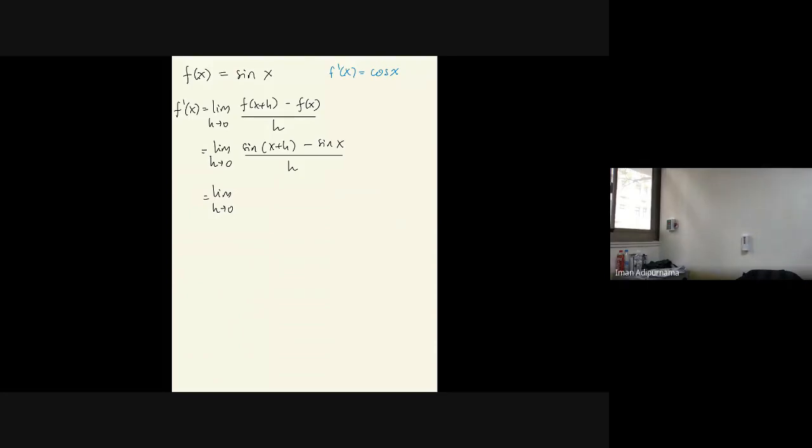Sine sine cos cos, or sine cos cos sine. Remember? Yeah, sometimes you mix it with the cos. It's sine cos, right? Sine cos cos sine. Sine x cos h plus cos x sine h, and then minus sine x. Divide all with h. Okay.